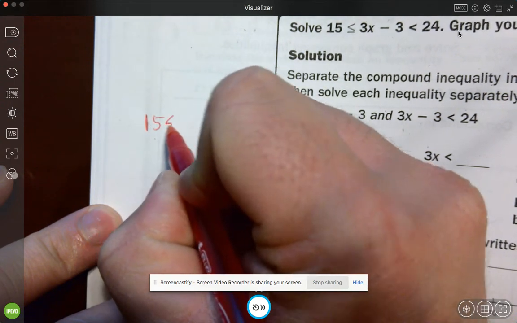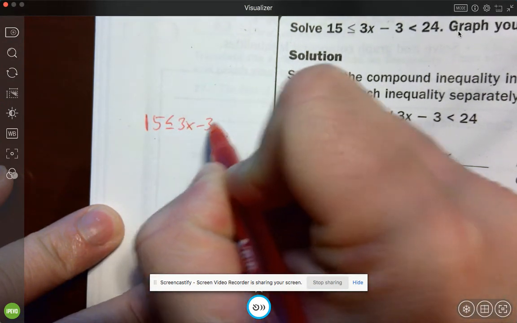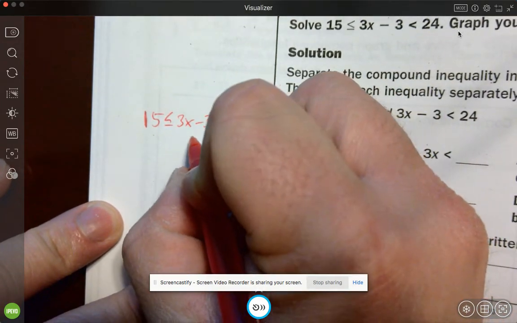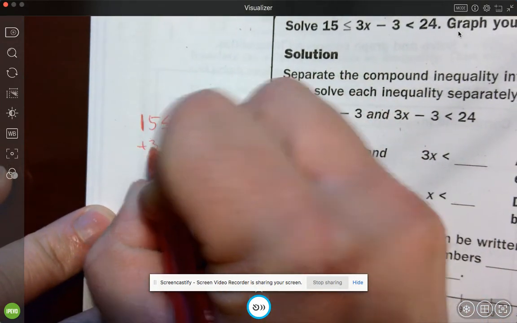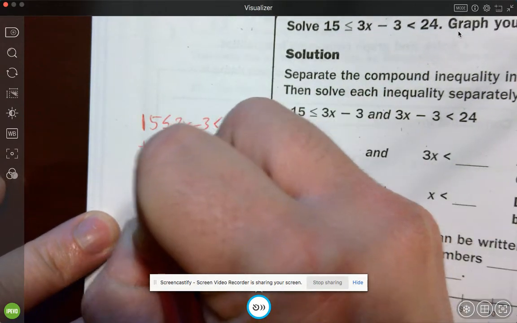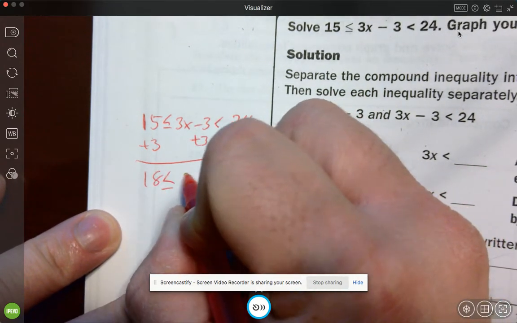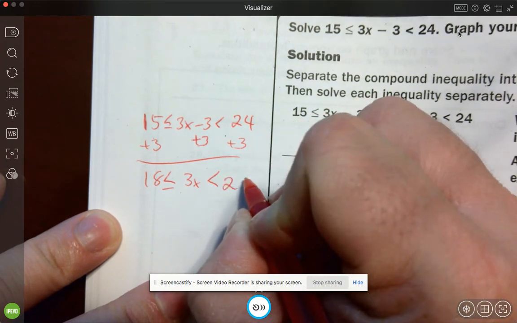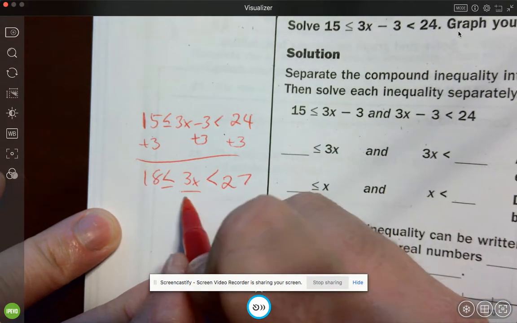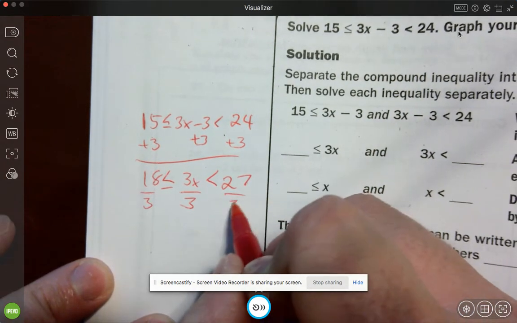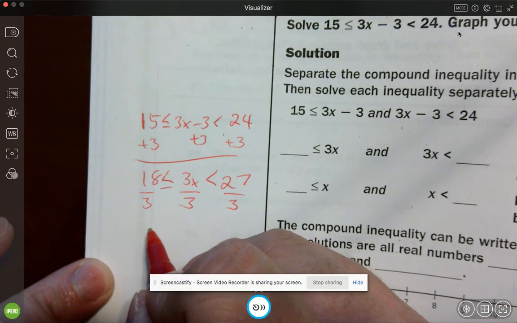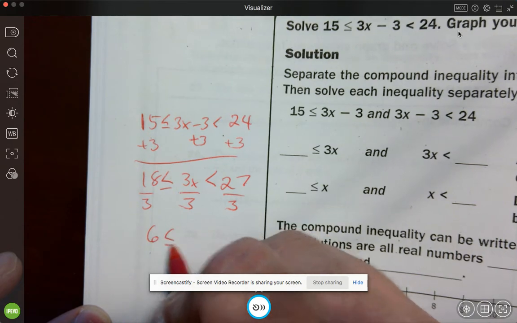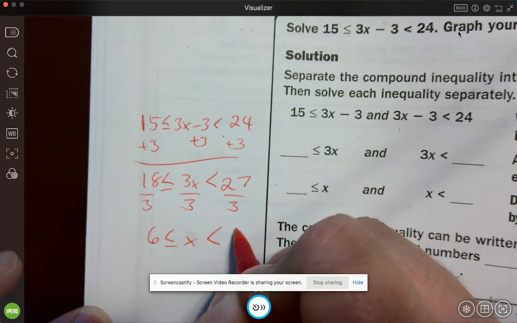So 15 less than or equal to 3x minus 3 less than 24. Add 3 to each part: 18 is less than or equal to 3x, which is less than 27. Divide everything by 3. You don't have to flip anything, so I'm left with 6 is less than or equal to x, less than 9.